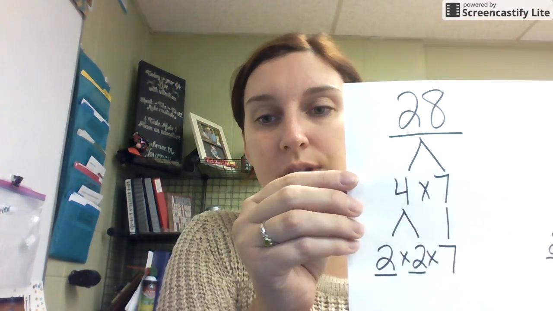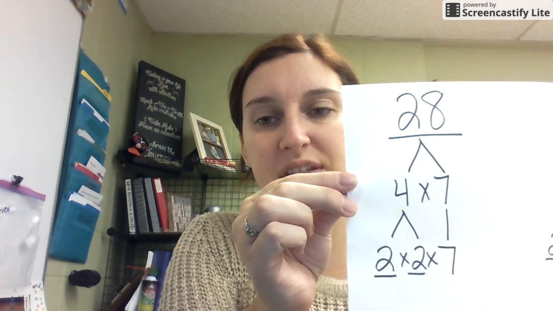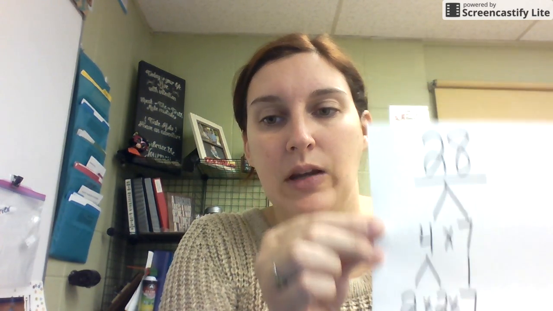So let's use 28, and we're also going to use 36. 28 we already did our tree for, so it's 2 times 2 times 7. Go ahead and try doing a factor tree for 36. You can pause so that you can try doing that on your own.